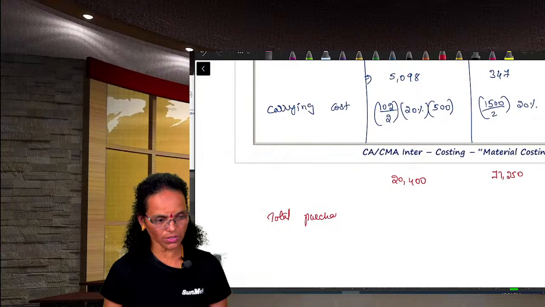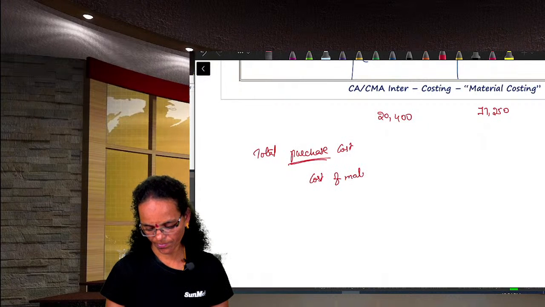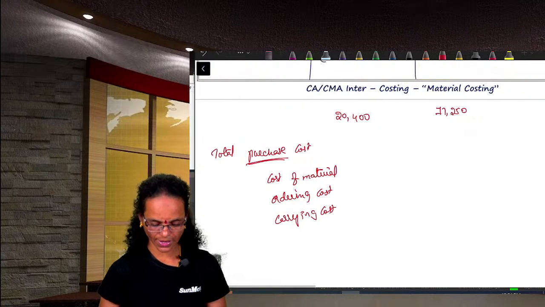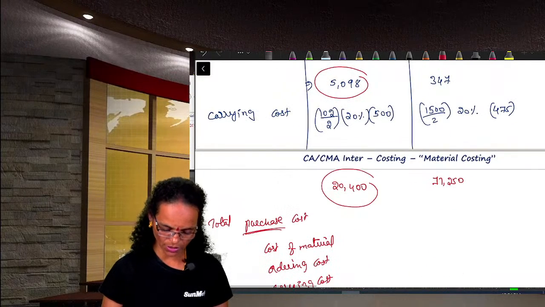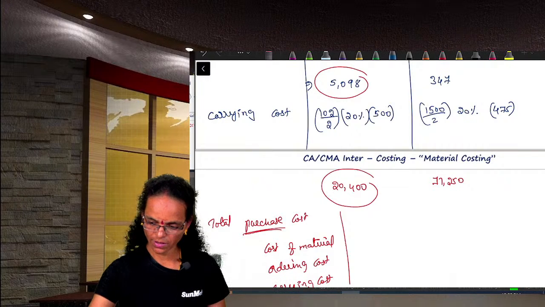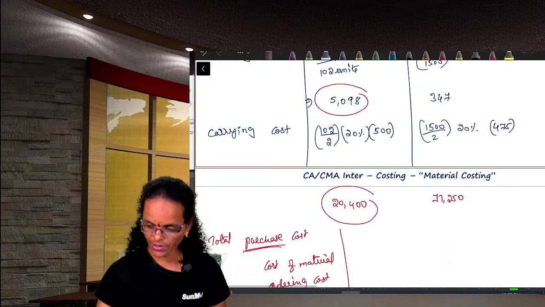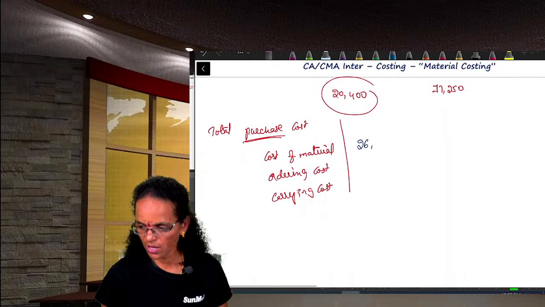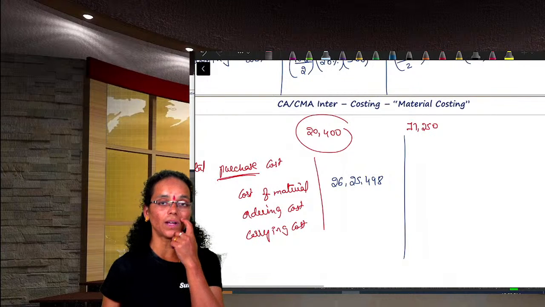Then total purchase cost is nothing but the cost of material, ordering cost and carrying cost. 26 lakhs plus 5098 plus 20,400 is 26 lakhs 25,498 under the EOQ method.